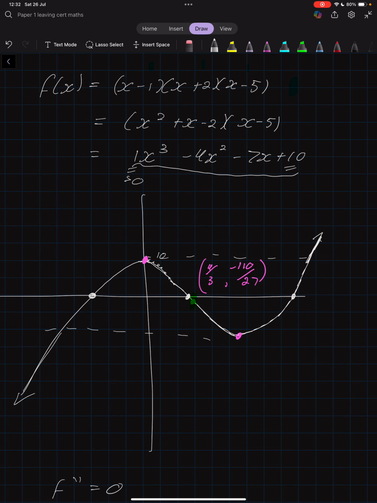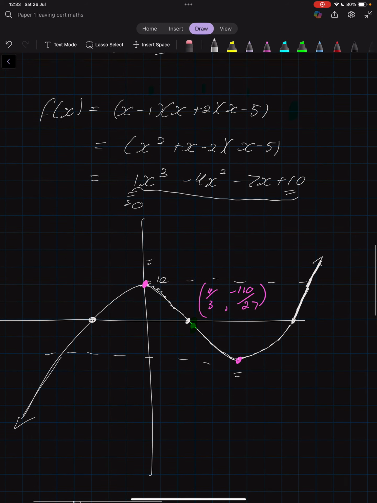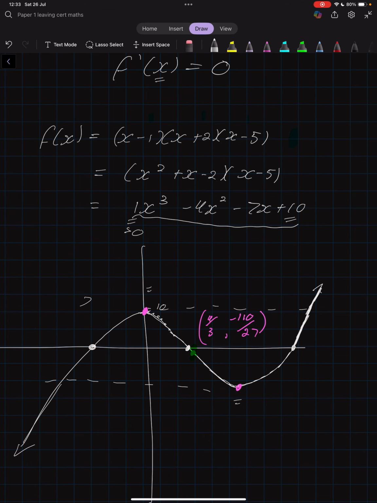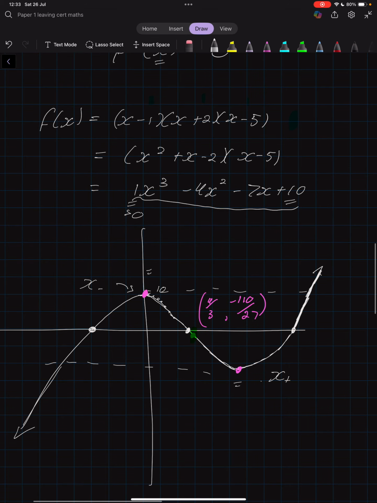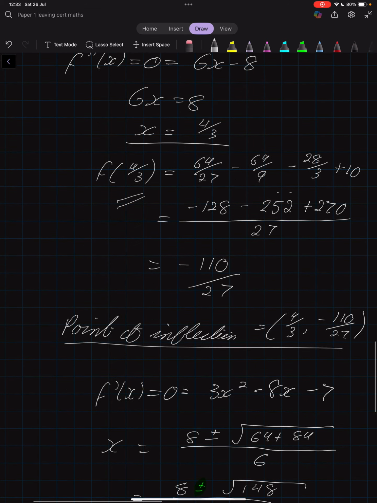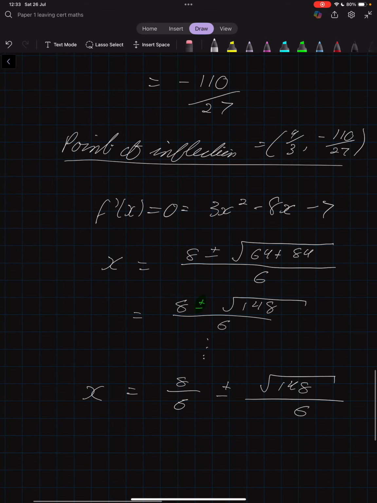If the right arm points upwards on a cubic like this, it means that the minimum is further right than the maximum. So the maximum has a smaller x value. And therefore this is going to be the minus, and this is the plus. So if I minus it, down here, I will get the local max x value, and if I add it, I'll get the local minimum x value. Okay?